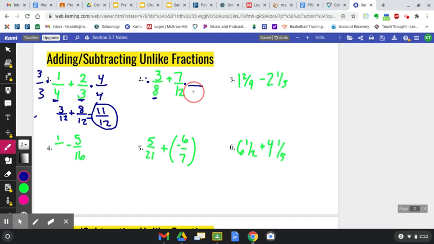And I do that by multiplying 12 by 2 and multiplying 8 by 3. So the common denominator would be 24, because 12 times 2 is 24 and 8 times 3 is 24. Now numerators: 3 times 3 is 9, plus 7 times 2 is 14. If I add 9 and 14, I get 23 over 24.